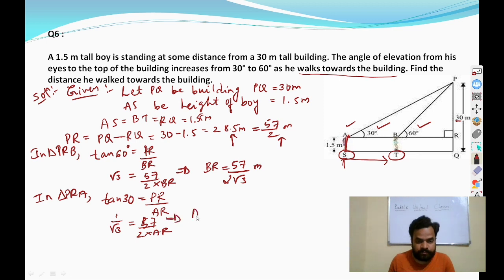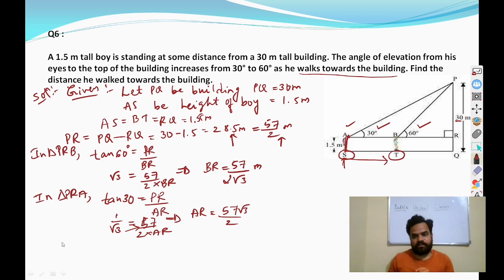This implies AR is equal to 57 into root 3 by 2, right? So keep this as it is.